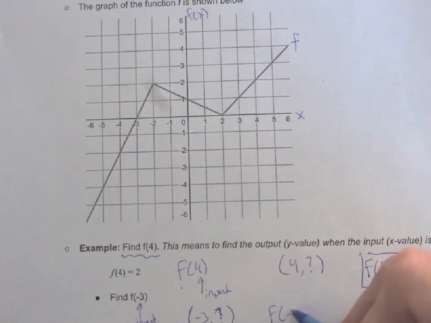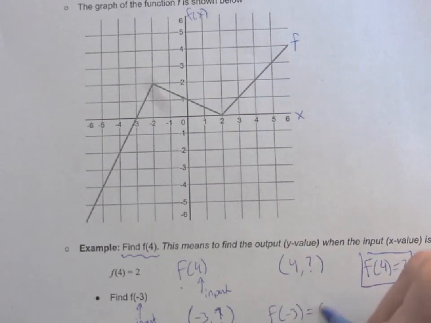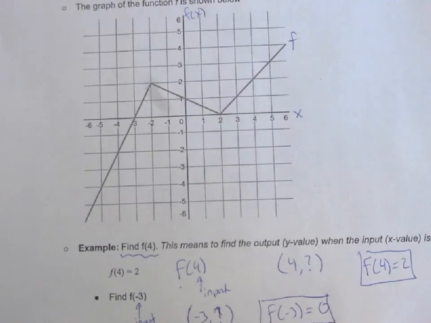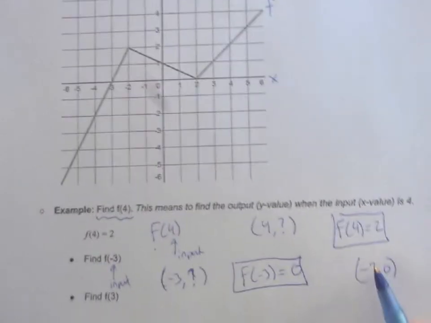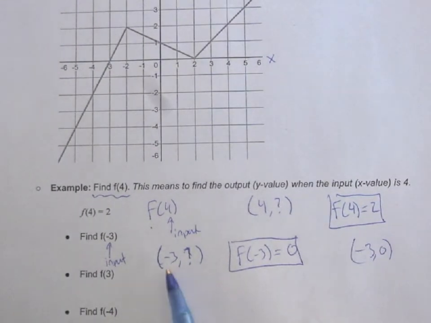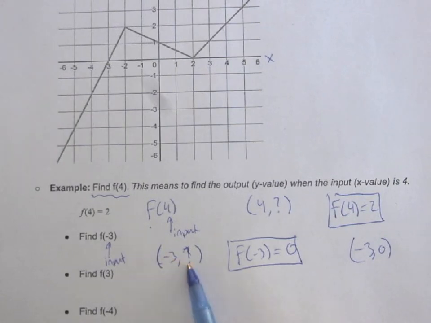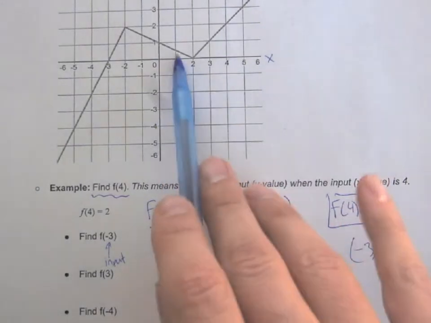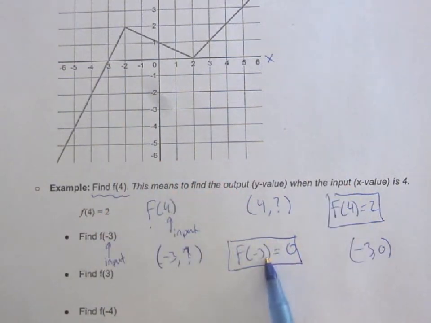So f of negative 3 equals 0. That's the new notation. If we wrote it as a point, we have the point negative 3, 0, so negative 3 matches with 0. Input is negative 3, output is what we don't know. We look at the graph, we find that point, negative 3, 0, and that's our answer here.